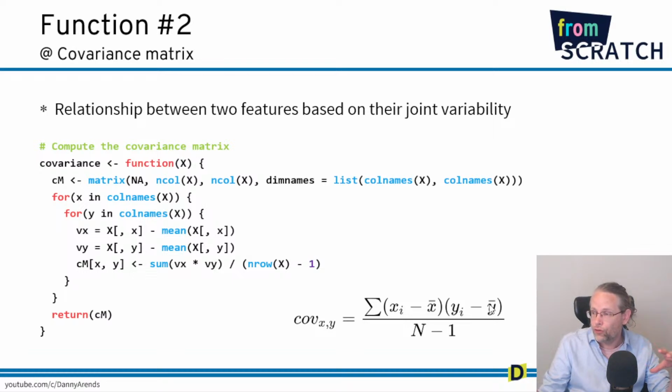So we have two different vectors, for example, the sepal length and the sepal width. And now we want to see how they covary. So if one of them is high and the other one is high, then this positively contributes to the covariance. While if one is low, so below the average, it's a negative value, and the other one is also below the mean, it also is a negative value.